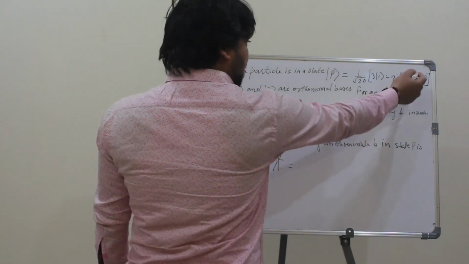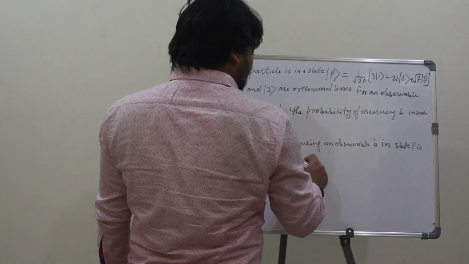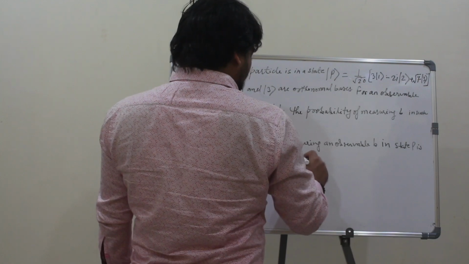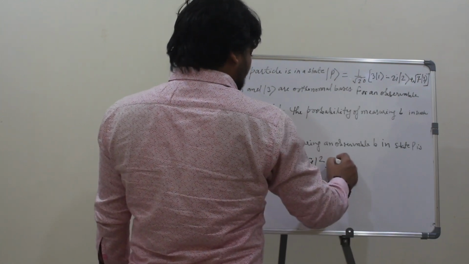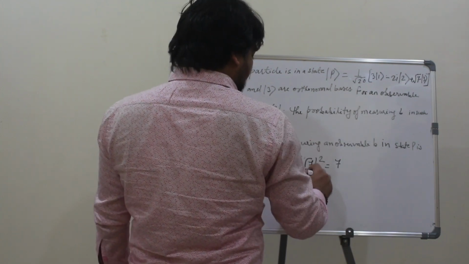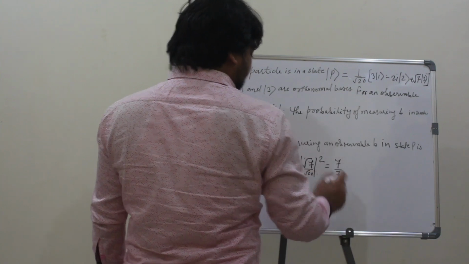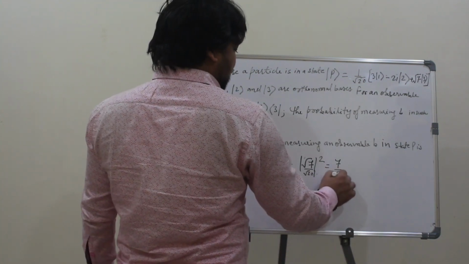So what is that? It is nothing but root 7 by root 20. Root 7 whole square is nothing but 7. So it is 7 by 20. So this is your probability.